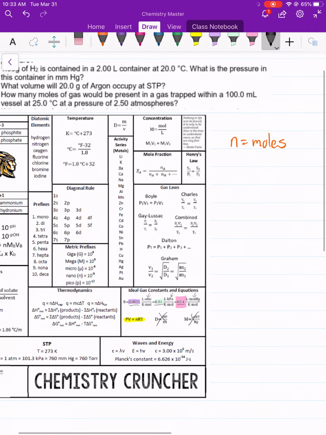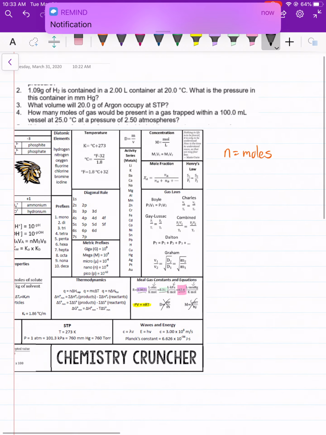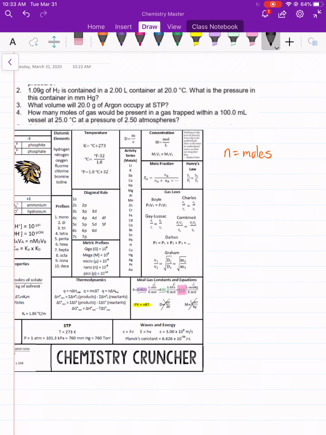So N is moles. So when you're doing these problems, for instance, let's actually just look at number 2 for a second. I can look and see that I have a temperature here, which has to be in Kelvin. And then I can look and see that I have a unit of volume here. They're asking me for pressure. Okay.